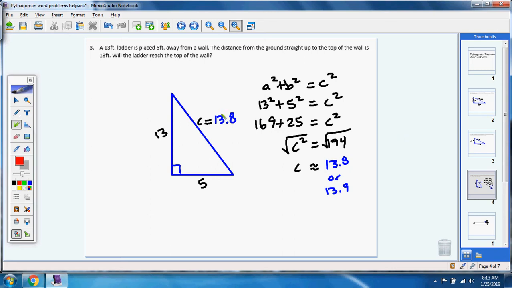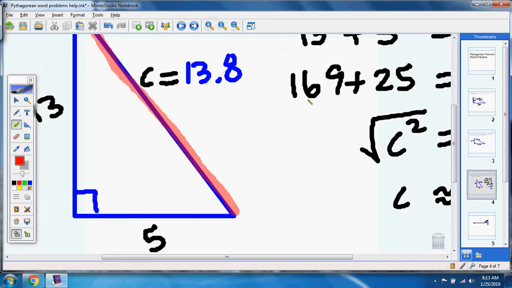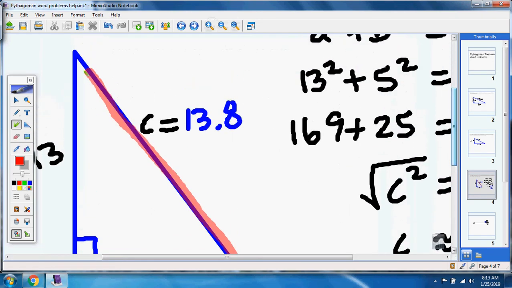So if the full distance using the height of 13 and the base of the 5, I found that C is 13.8. My ladder says it's only 13 feet though. So would the ladder reach that top that it is expecting to reach? No. You got a little bit of distance, almost a foot short. So when you make your highlighter mark, let me zoom in for you. Show how it doesn't go all the way because the ladder is only 13.